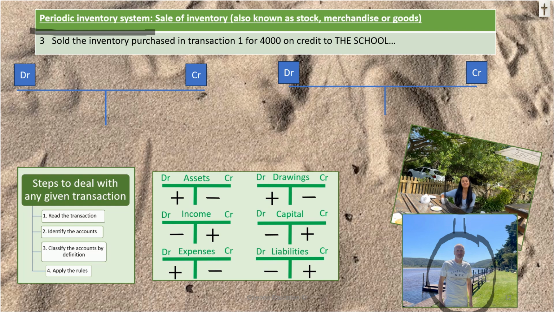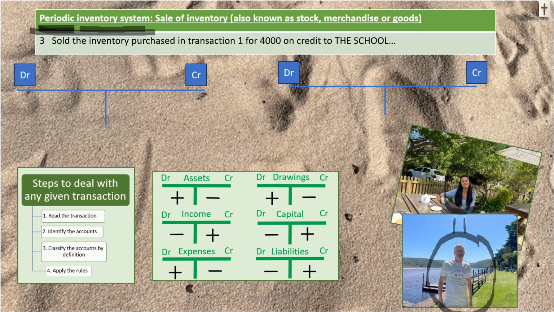It is calculated using a formula at the end of the period. From an exam point of view, if you're asked the periodic inventory system, it is much easier because you don't work out cost of sales after every single sale.